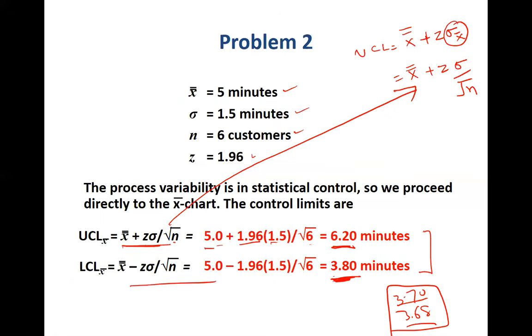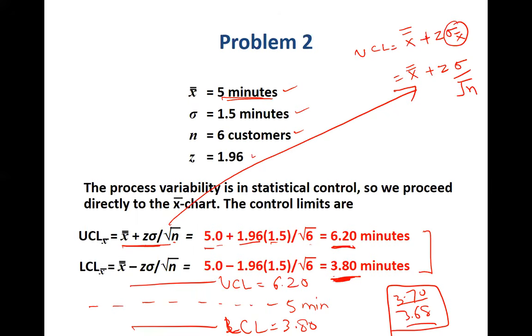So if I were to plot, it will look like this. Upper control limit, which is 6.2, lower control limit, so LCL, which is 3.8, and let's say the nominal value, the center of this is your 5 minutes given to us in this problem here.